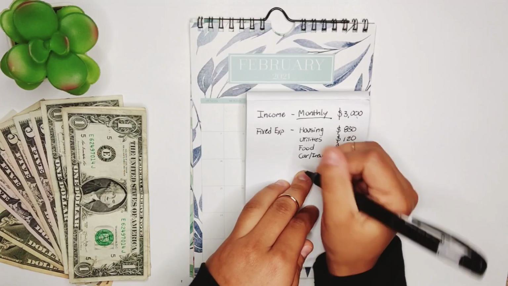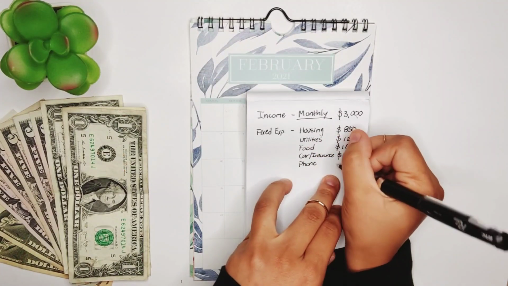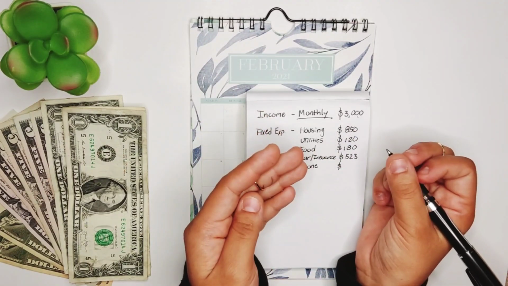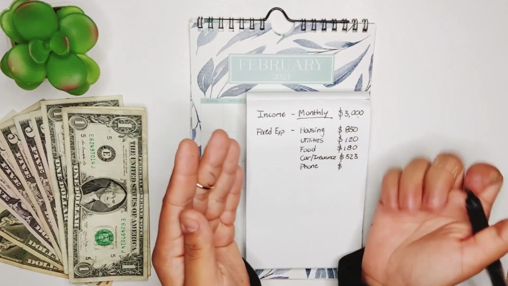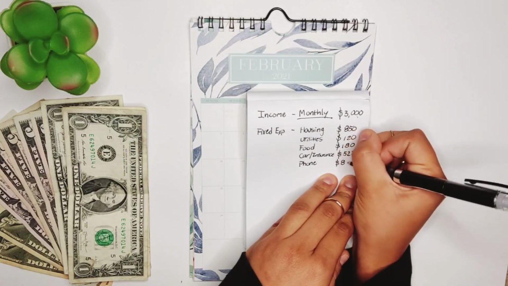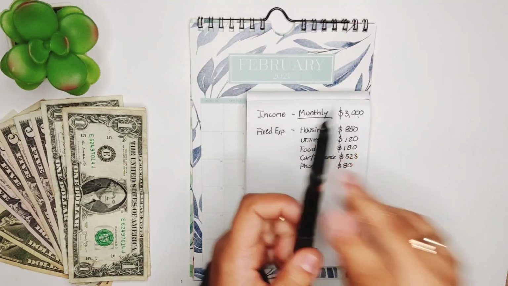And then last but not least, I would say phone is a fixed expense, just because if you're like me, you have a cell phone, and let's say $80 is what you spend monthly for your phone.